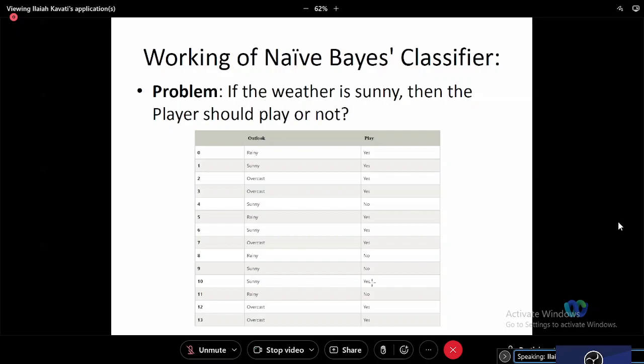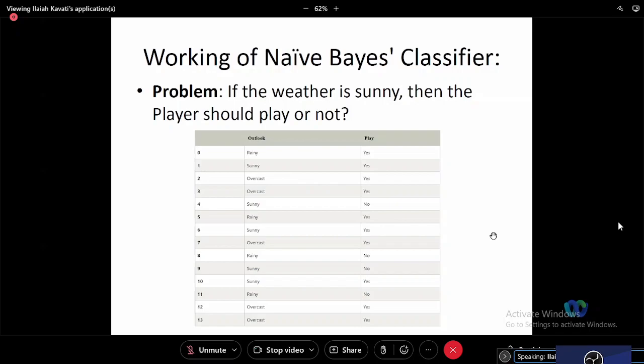So around 3 out of 5 play was there, and in 2 instances there was no play. Like that, if the weather is overcast, there are again 5 instances, and play was there some times and not others. So this is the data available.